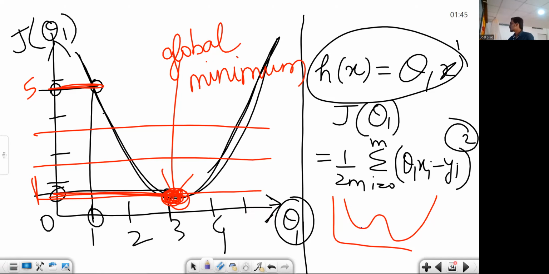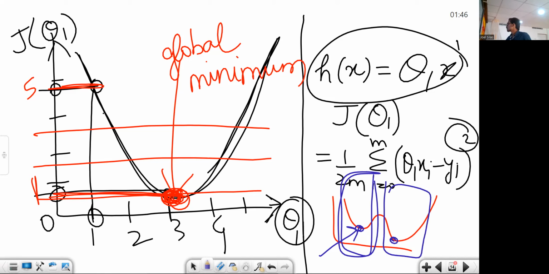Why? Because this is one minimum point and this is another minimum point. So in this region, this is the optimum cost function, so it is called a local optimum. In this particular region, this is our local optimum. And for the graph as a whole, this is our global optimum.